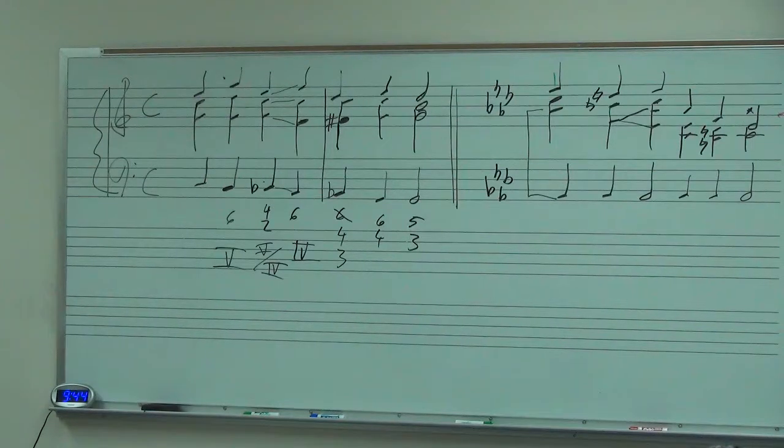So if I'm in A flat, okay, here's the first example. So when the A flat is in a middle voice, it really makes sense for it to come back up.